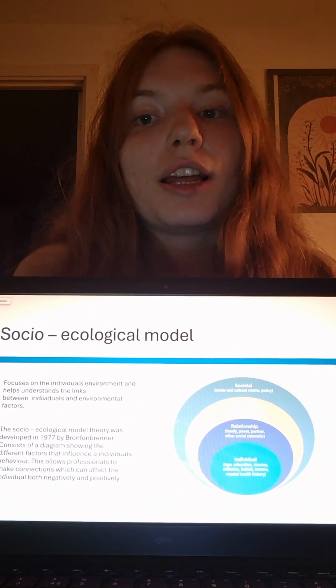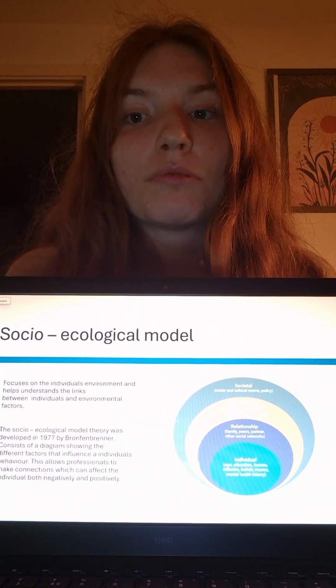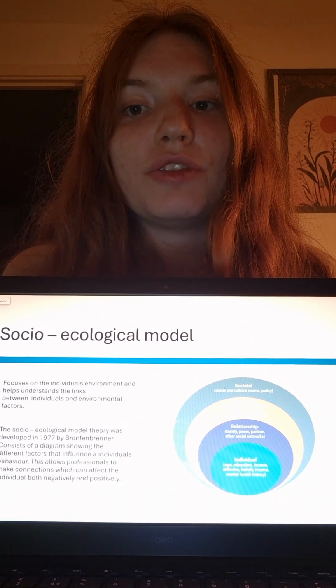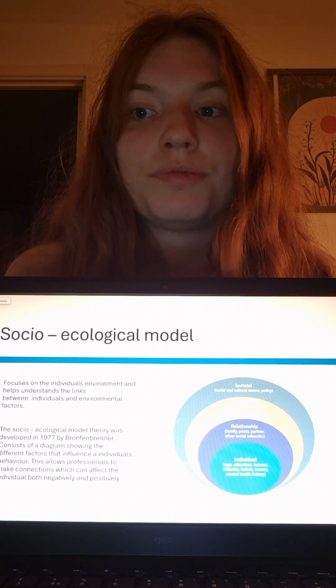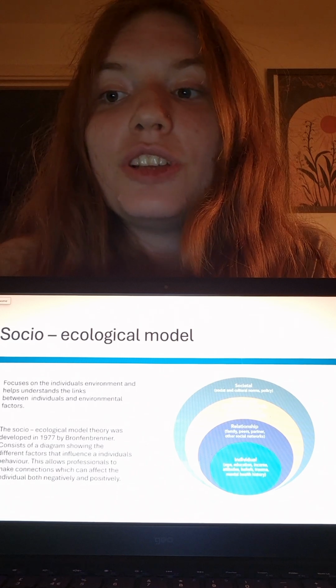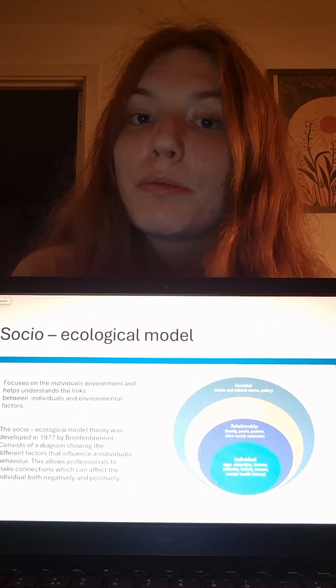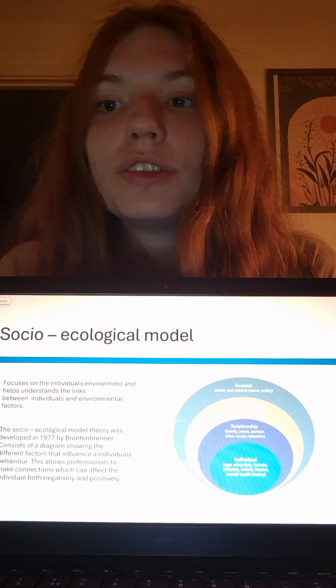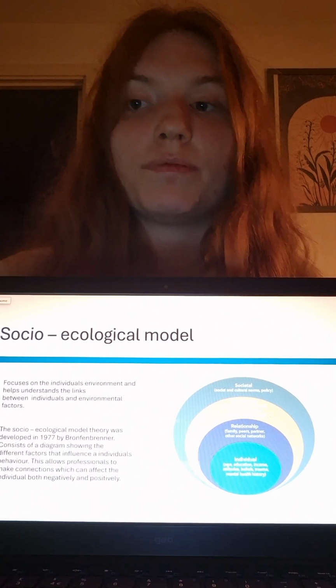This diagram allows professionals to make connections which can affect the individuals both negatively and positively. Some factors include age, education and income, the relationships between friends, family and their work, the community they live in, and cultural norms.